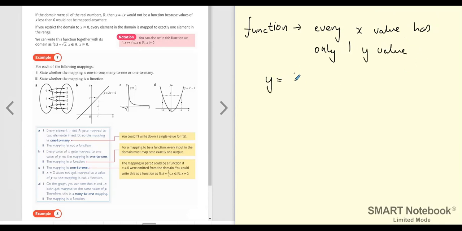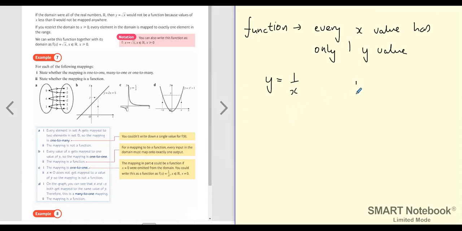Is y equals 1 over x a function? Is y equals 1 over x a function based on my definition? I want a supporting reason for your answer, please. Is it a function? Is it not a function?